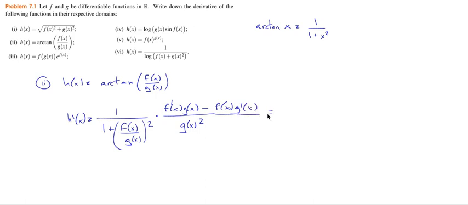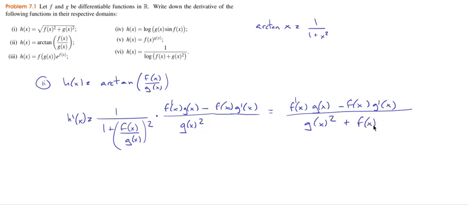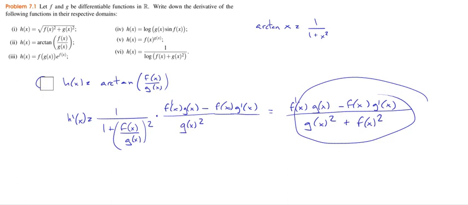Now doing some algebra, you get f prime times g minus f times g prime, and in the denominator g(x) squared is multiplying here, so you get g(x) squared plus f(x) squared, and g(x) squared in the denominator and numerator cancel out. And this is the derivative that we're looking for.